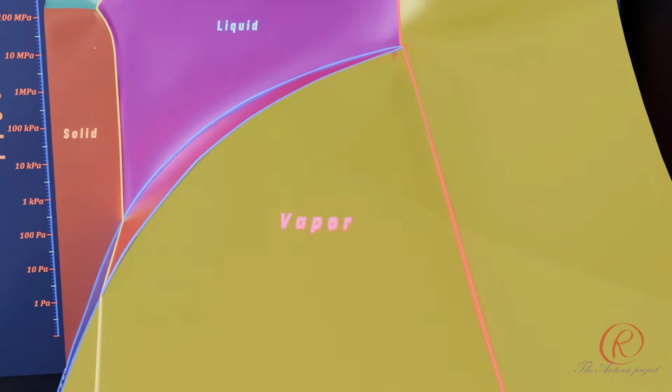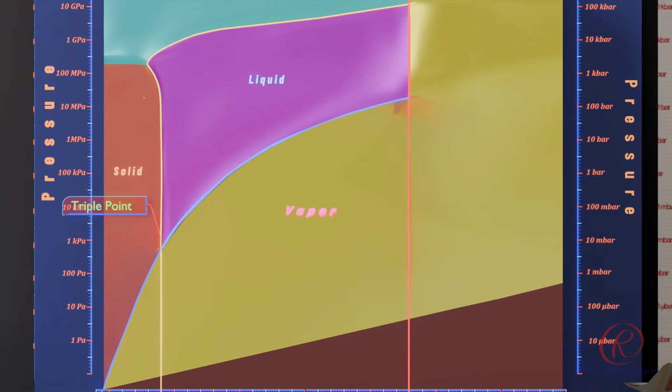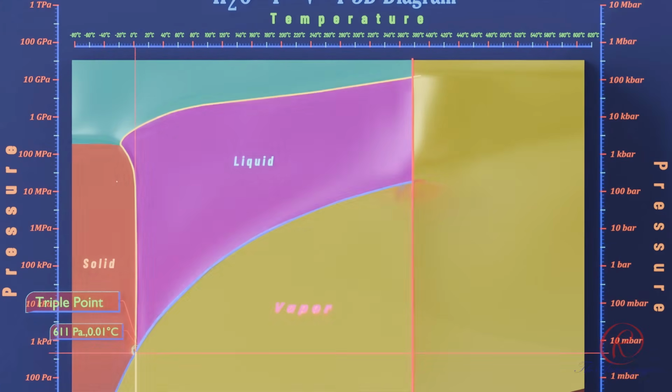Triple point, the unique point where all three phases, solid, liquid, and vapor, can coexist in equilibrium. For water, the triple point occurs at a temperature of 273.16 Kelvin, or 0.01 degrees Celsius, or 32.018 degrees Fahrenheit, and a pressure of 611.7 Pascal, or 0.00611 bar.